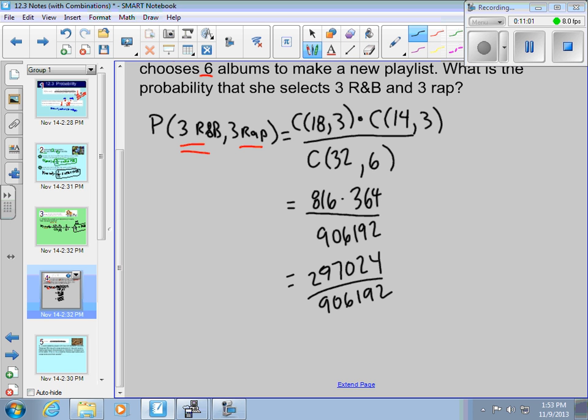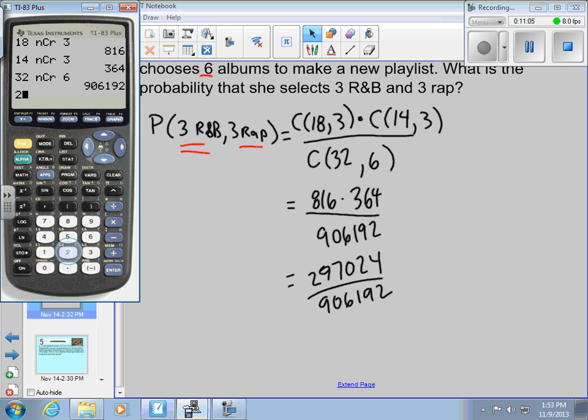You could see, does it reduce? Let's see if this does reduce down here. So if we put these numbers in and check to see if it reduces as a fraction, that doesn't, maybe I actually entered it in wrong, but if you do type it in right here, it does appear that it simplifies a little bit.